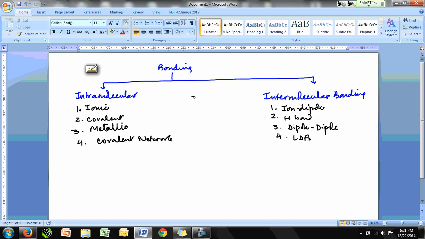So if you take a look at a molecule which has two atoms A and B joined together through a bond to make a molecule, this red bond is called an intramolecular bond, which joins the atoms together to form a molecule and makes them function as a unit.